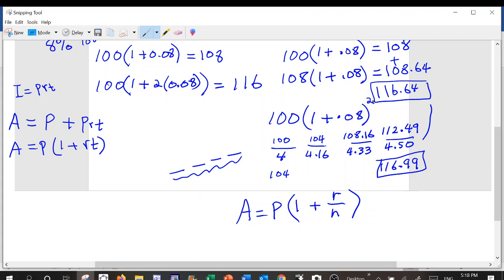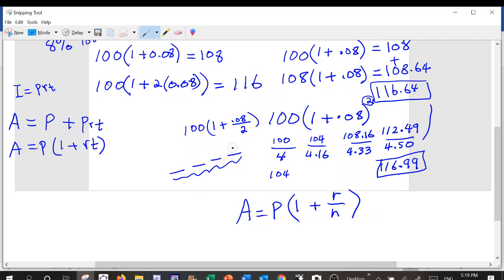And notice that if you do it for 4 parts, we're going to have to multiply 100 by 1 plus 0.08 divided by 2, and then one time to get this number, another time to get this number, another time to get this number, another time to get this number. So that means we have to raise this to the 4th power.